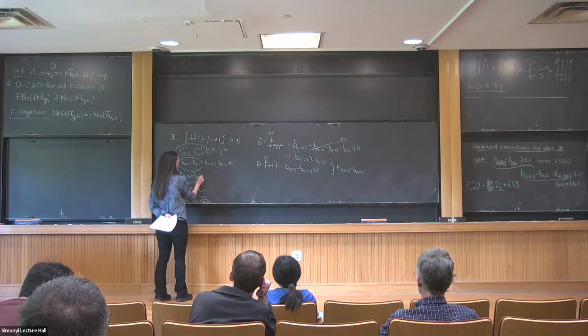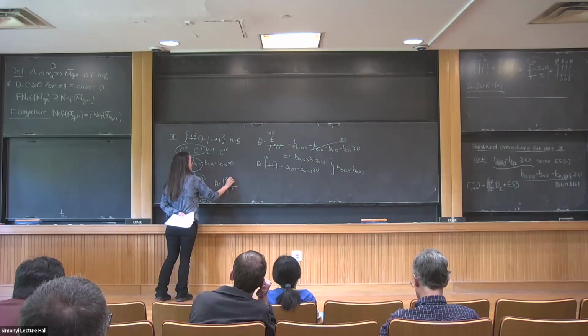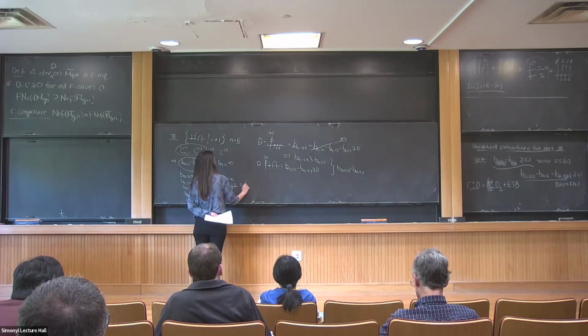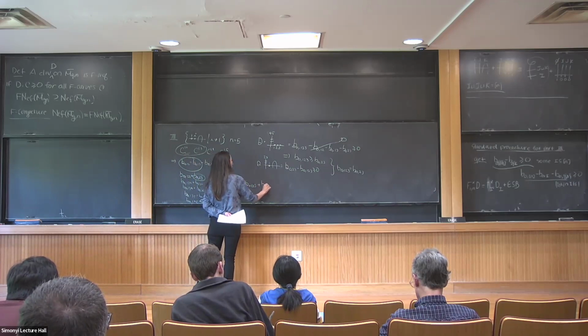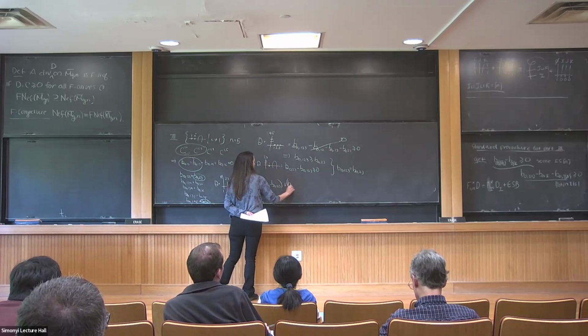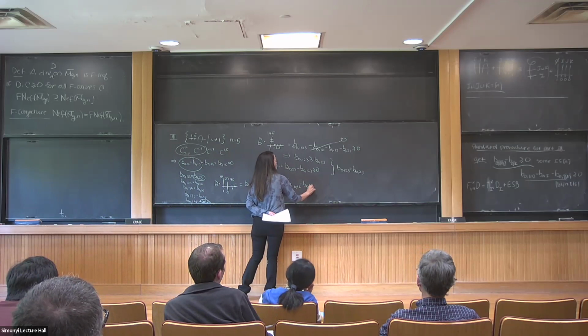Okay, these are disjoint. I want to intersect D with 2, 3, 4, 5, and 1. Okay? And when we do that, we get B0, 5. And we get B0, 2, 3 minus B0, 1, 2, 3. I'm putting these in the order that is convenient for me. B0, 4, 5 minus B0, 1, 4, 5.